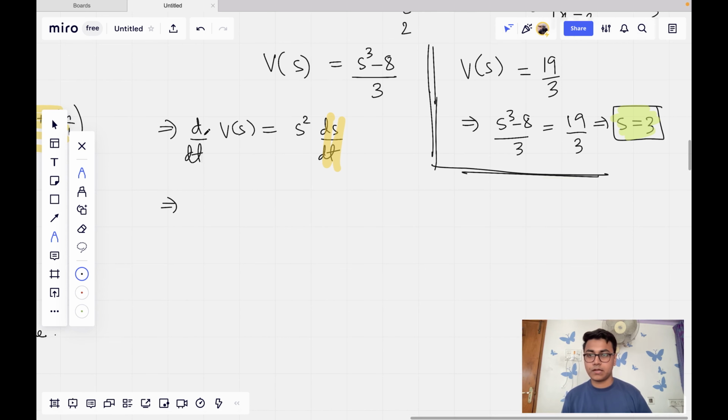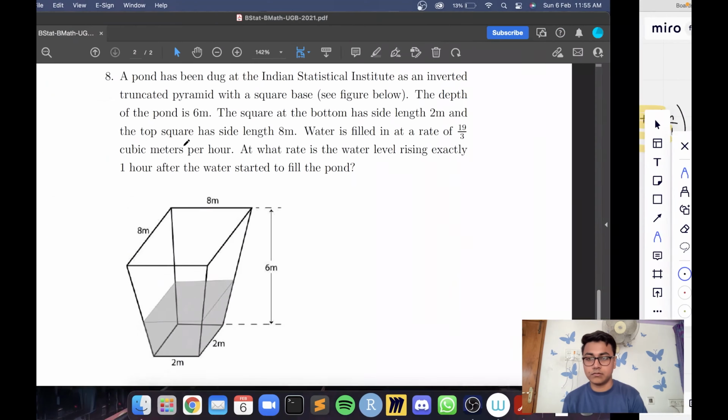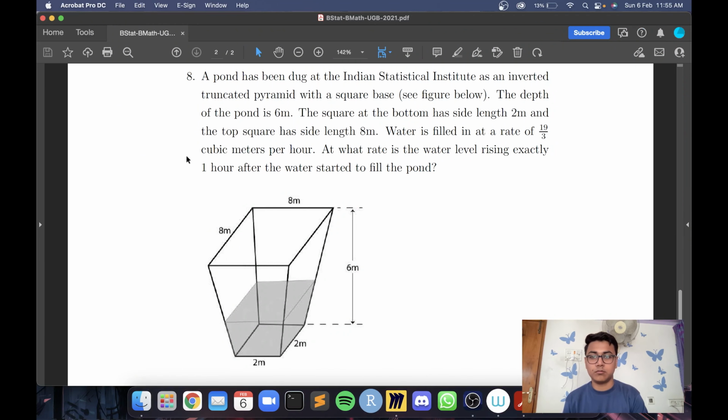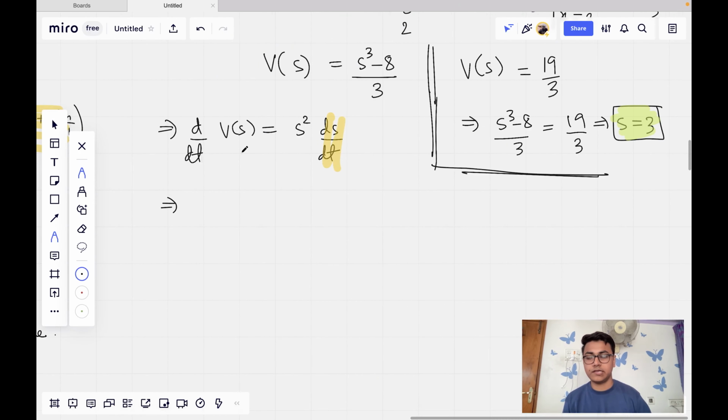Now we have been given the value of d by dt of V of s, that is the rate at which water is being filled, 19 by 3 cubic meters per hour. So ds by dt is equal to 19 by 3 over s squared.